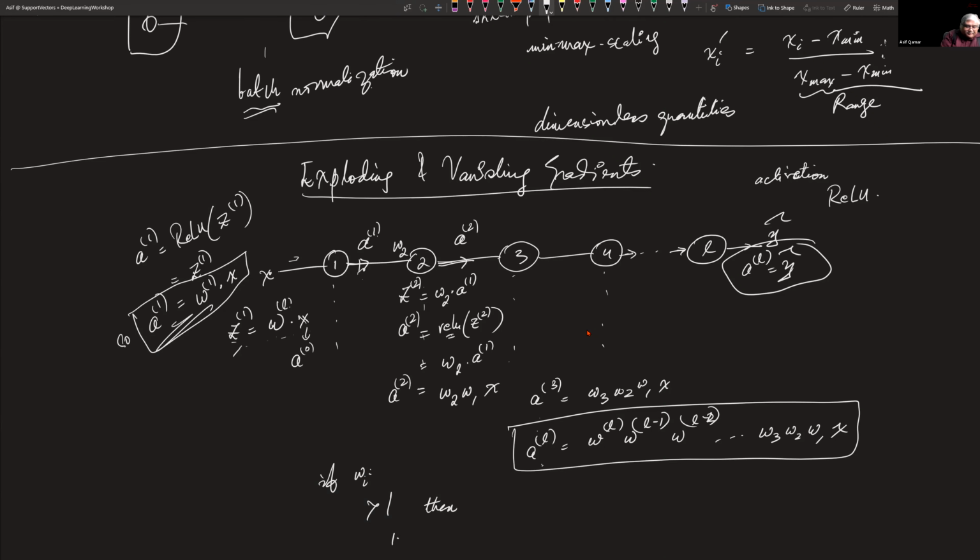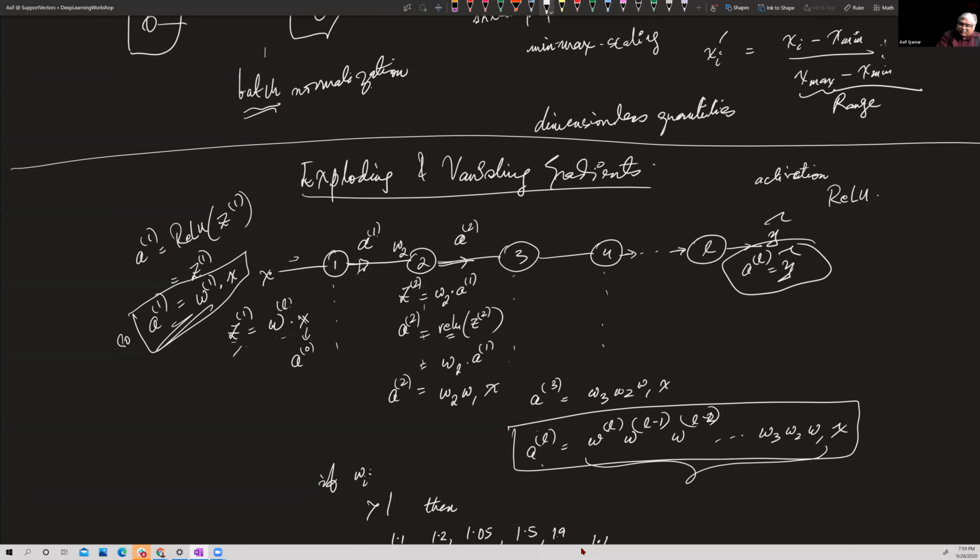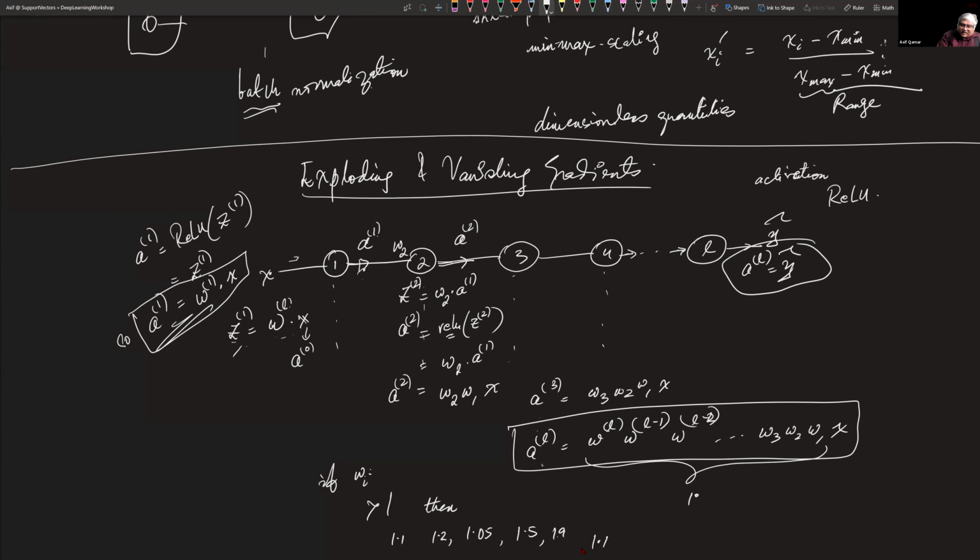So it could be like 1.1, 1.2, 1.05, 1.5, 1.9, whatever it is. Imagine a set of numbers that are all greater than 1. So what will be the product of numbers greater than 1? Let's say that the average value of this is something like 1.1. Let's be modest. We'll take 1.1.